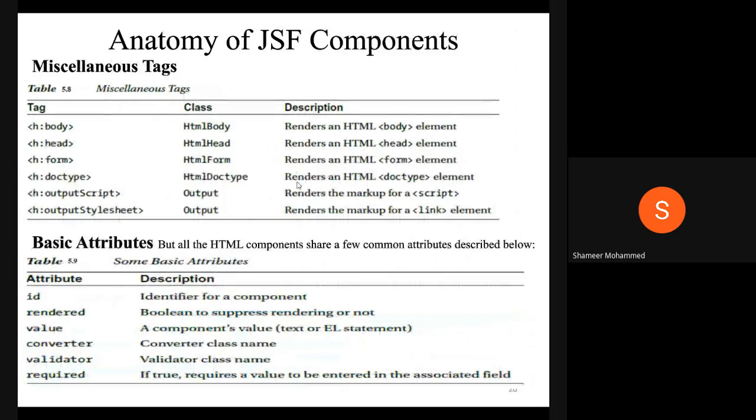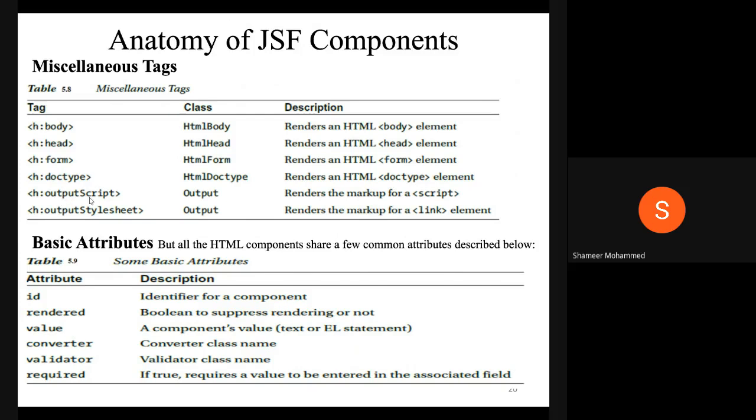Next, these are the common tags you know. h:body, which represents the HTML body. h:head, it will represent the head of the HTML. h:form, this is the form tag, and this is used for document type. Suppose you are displaying any PDF document or Word document, we can use this one.